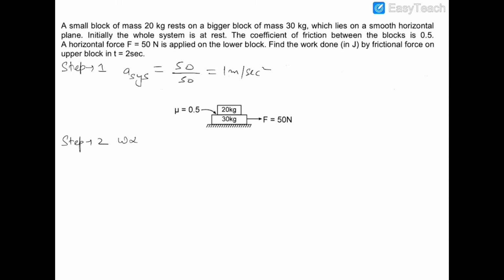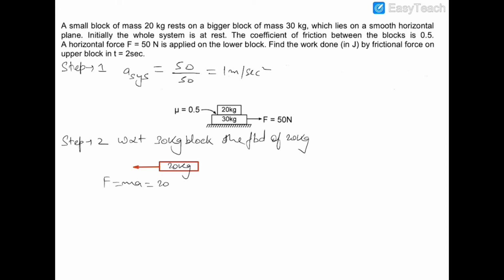So with respect to the 30 kg block, the FBD of the 20 kg block. This is the 20 kg block, and the pseudo force will be acting on this block in the reverse direction, which is F is equal to MA, where M is 20 and A of the system is 1. So F is equal to 20 newtons.